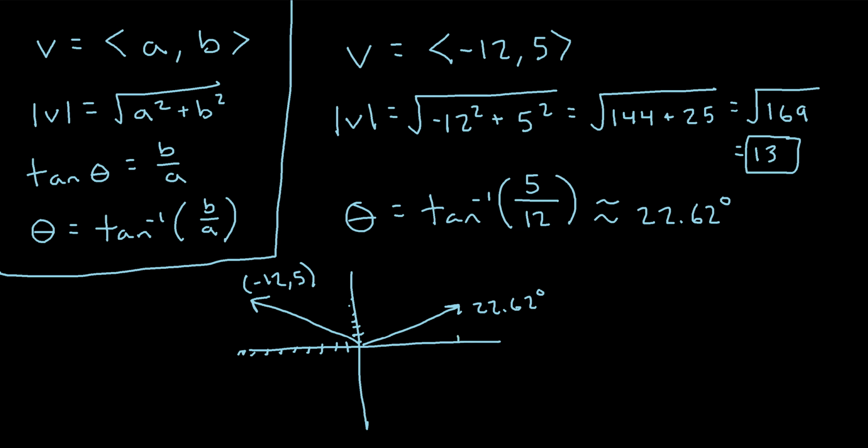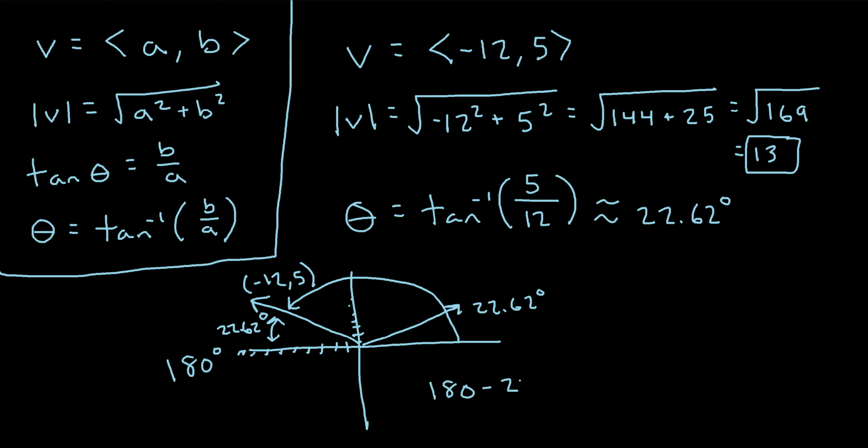If we imagine our unit circle starting from 0, we're trying to find this angle that ranges from 0 all the way to here. Well, we know that if we did a half revolution around the circle, we'd be at 180 degrees. And we found that this angle right here is 22.62. So this angle right here is also 22.62 degrees. So to find this angle starting from 0, we just need to do 180 minus 22.62.